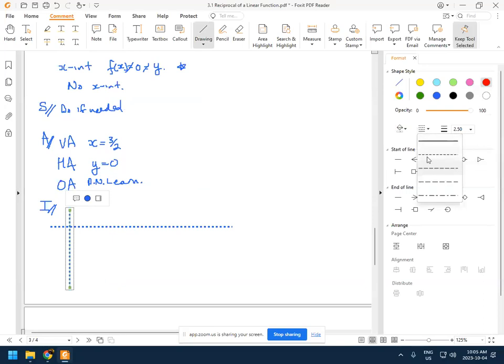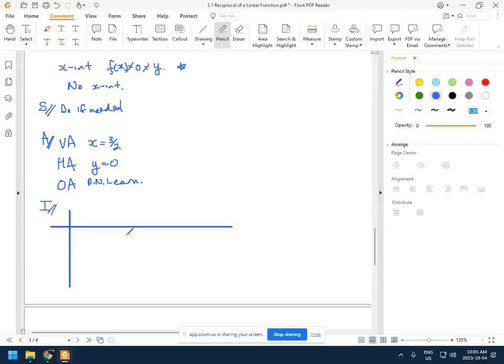I need that as a solid line. Okay. x-intercepts, none. Vertical asymptote, 3 over 2. Parts of the graph that could be negative, that is 2x minus 3, which means f of x.